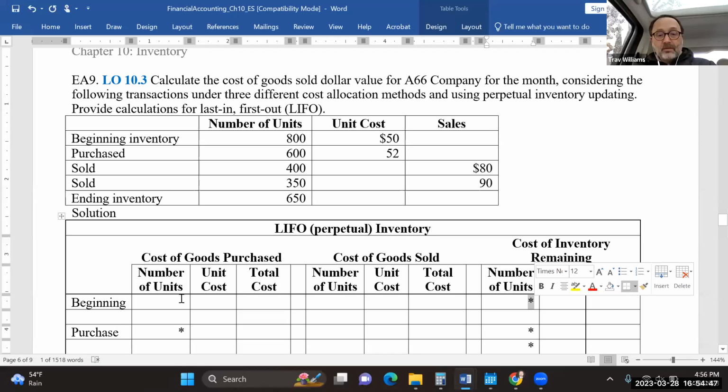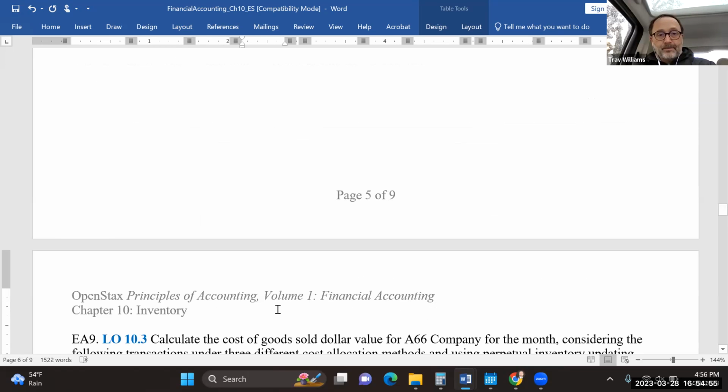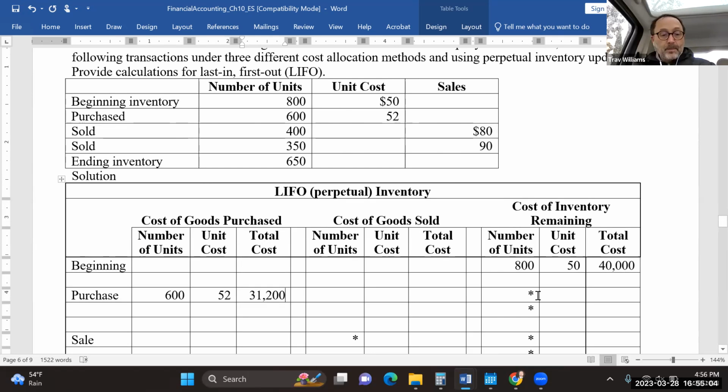That part's the same. That came to what, 31,200, I think it was. Yep. So it doesn't change here until we actually make a sale. And so far it looks exactly the same.